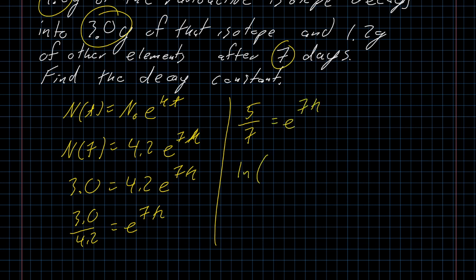So the natural log of 5/7 is equal to 7k, which means that 1/7 times the natural log of 5/7 is our value of k. As far as I'm concerned, that's the best way to write the answer.